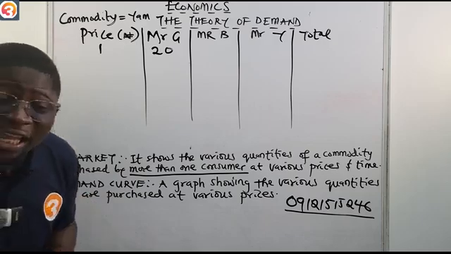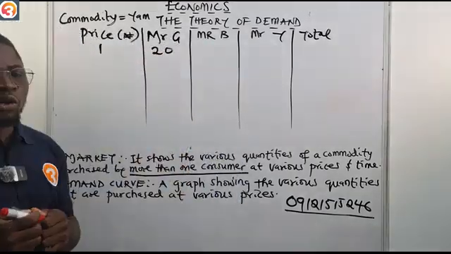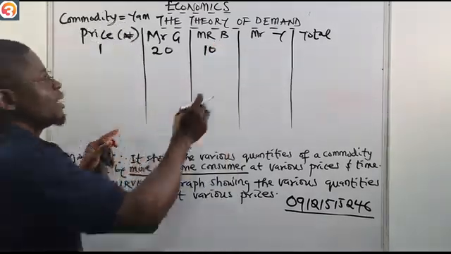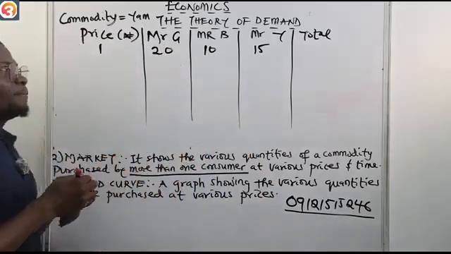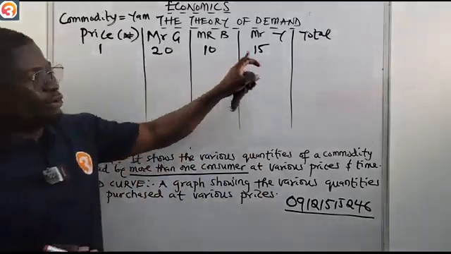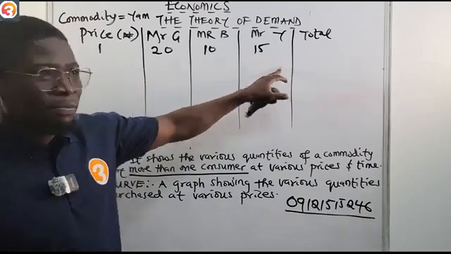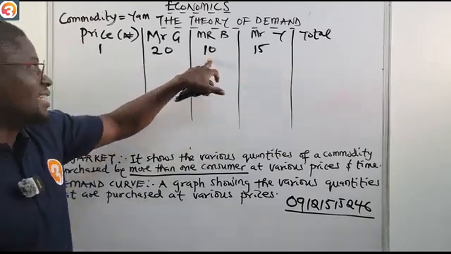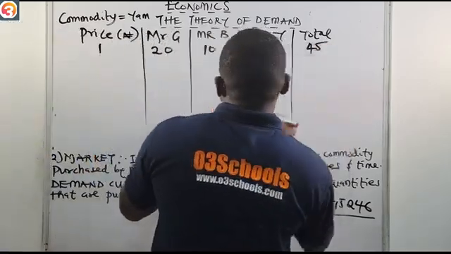Mr. Blue, on the other hand, was able to buy 10 tubers, while Mr. Yellow was able to buy 15 tubers. If you calculate the total quantity demanded by Mr. Green, Mr. Blue, and Mr. Yellow at the price of 1 naira, 20 plus 10 is 30, plus 15 is 45. So you have 45.